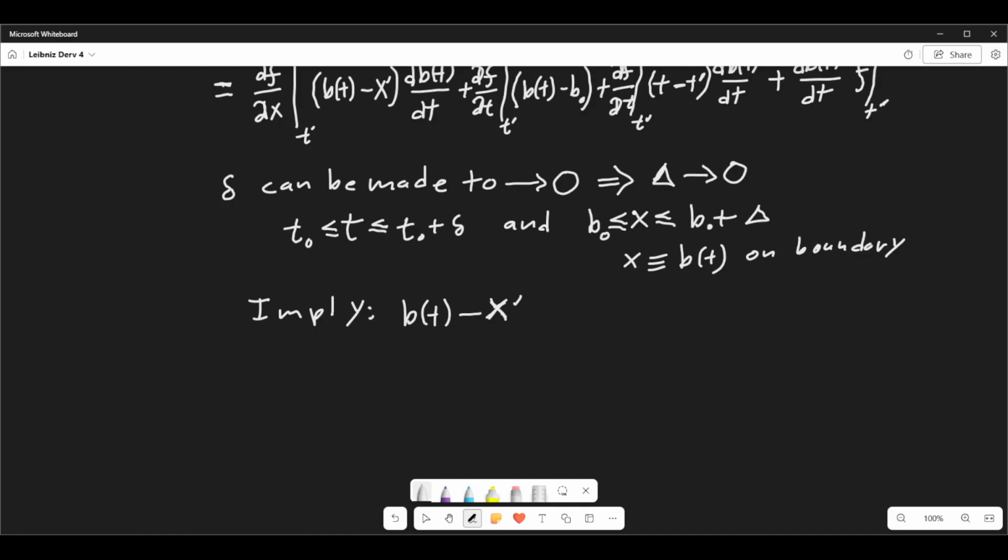So wherever x prime is, as this gets smaller and smaller, x is basically going to get squished towards b naught, which means b of t is basically going to get squished towards x prime, and x prime is going to get squished towards b of t. And the boundary condition of t is going to go to b naught, and t is basically going to go to t prime.